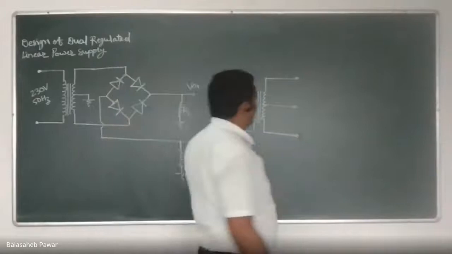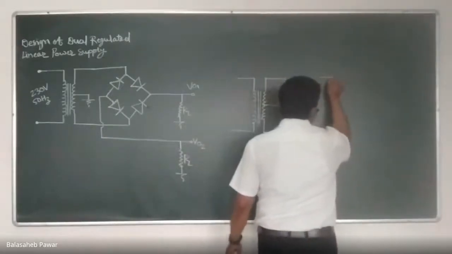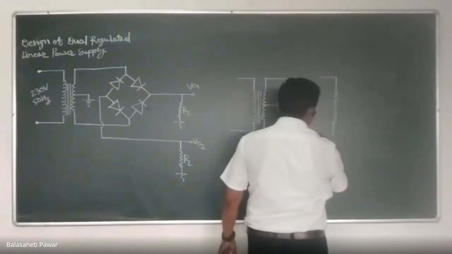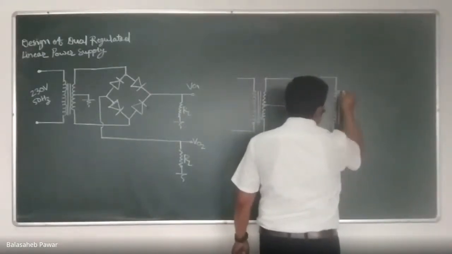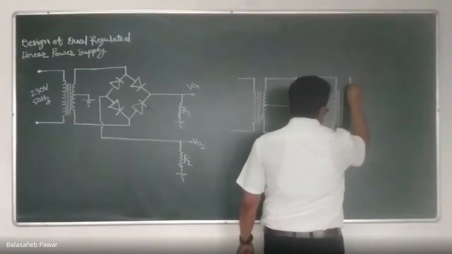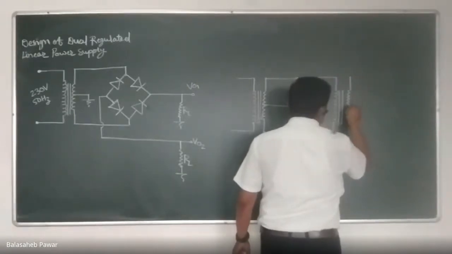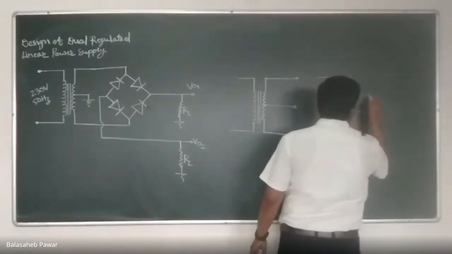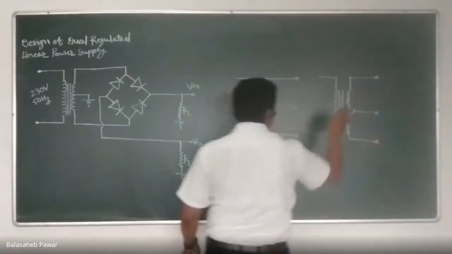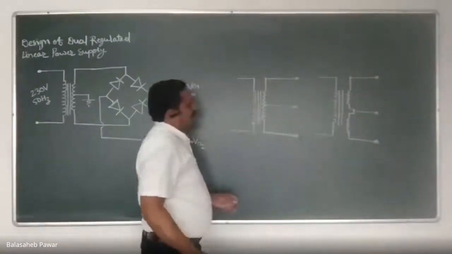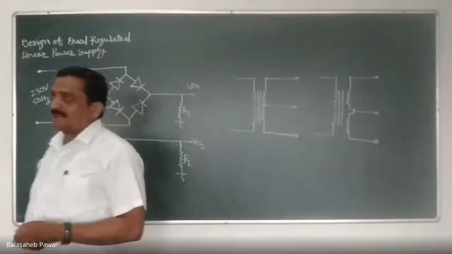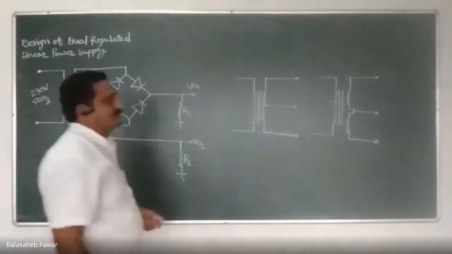So the same transformer I can redraw like this also. Is it visible? See, what I showed, I divided that secondary in two parts. That means there are two secondary windings, we can say.